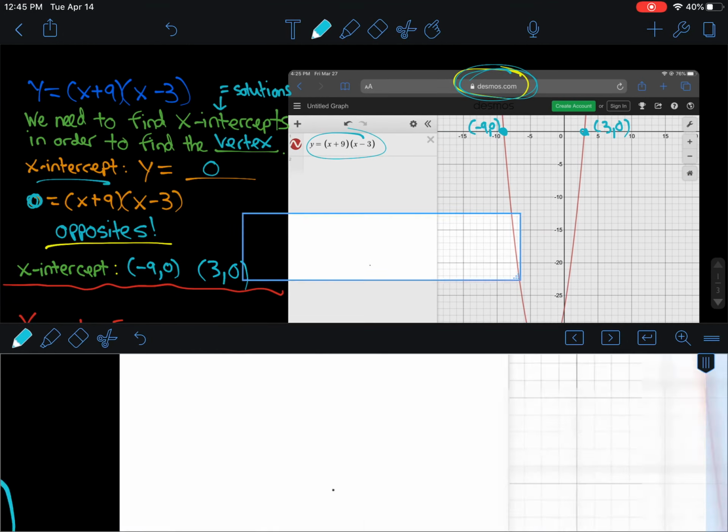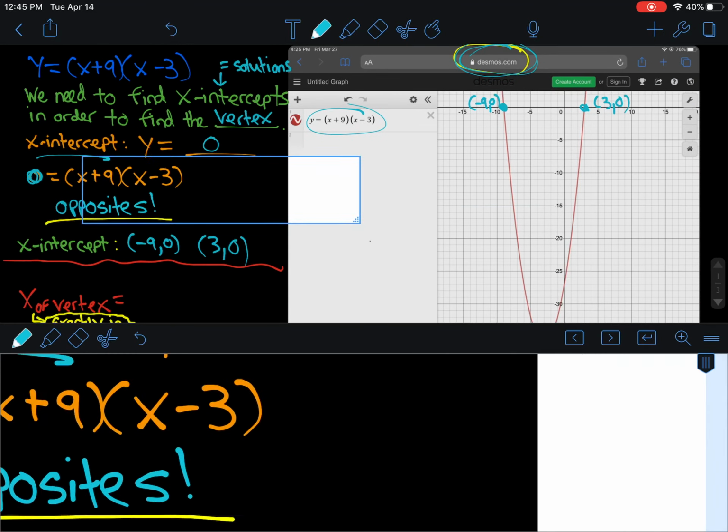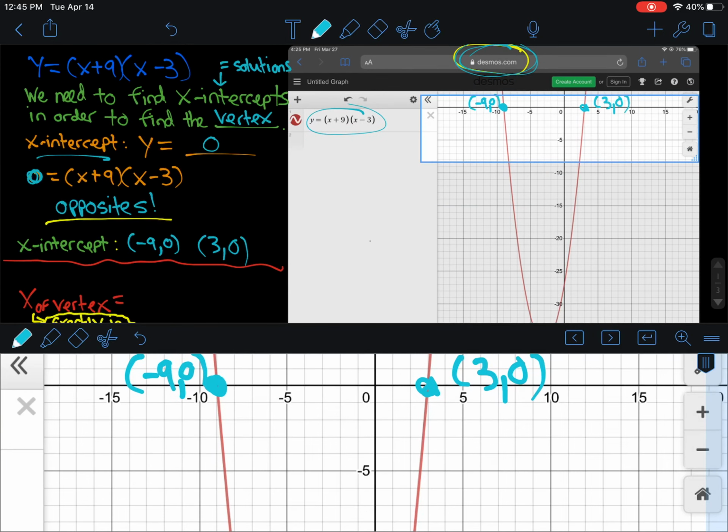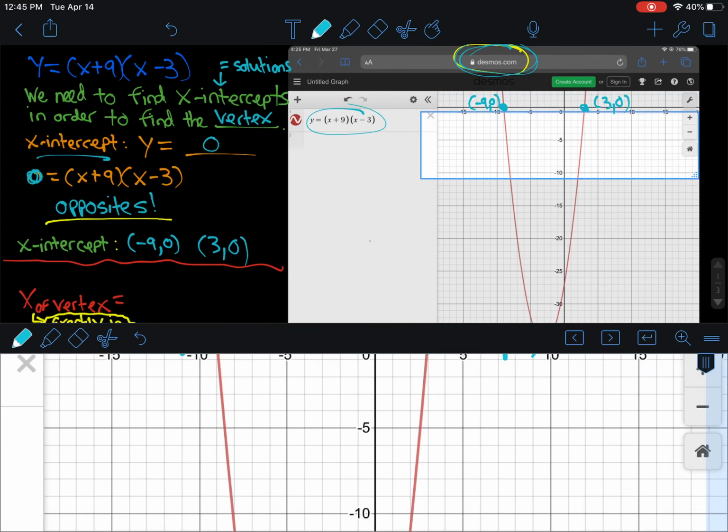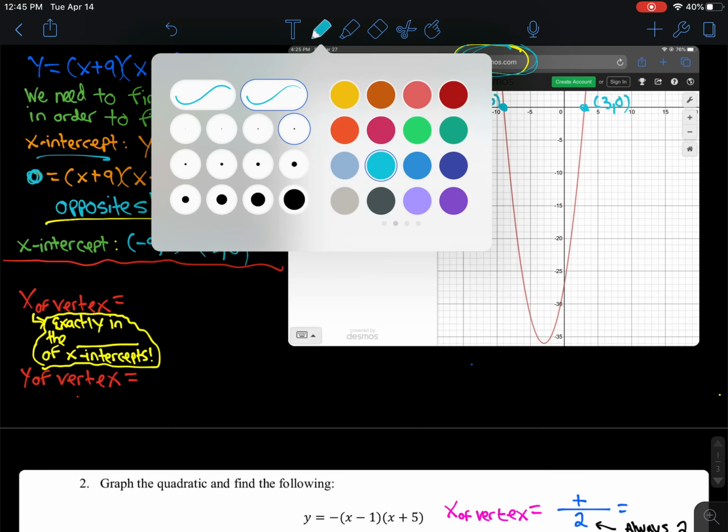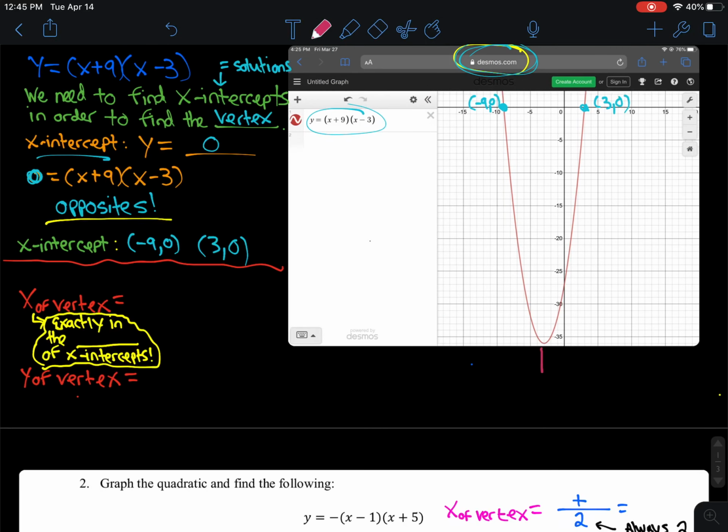Now, how can we use that to help us find the vertex? Well, a parabola is what we call symmetric, meaning there is a line, what we call the axis of symmetry, that splits the quadratic in half, like a mirror image if you reflect it over that line.